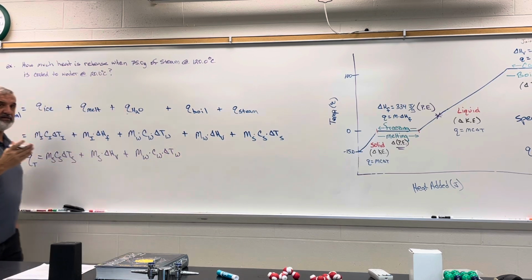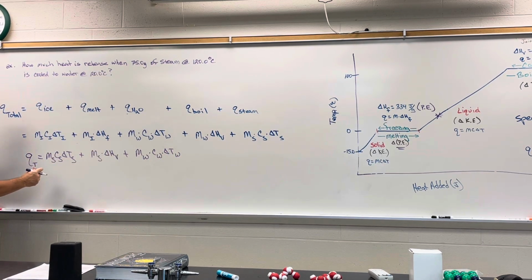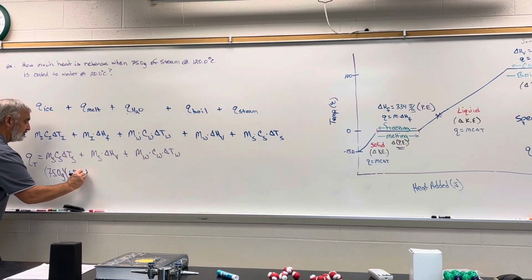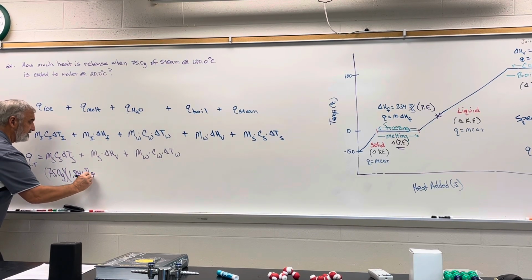Now let's make sure of a couple little details. Obviously the mass is going to stay the same all the time. So we have 75 grams. Specific heat of the steam is always going to be given to you: 1.841 joules per gram degrees Celsius.